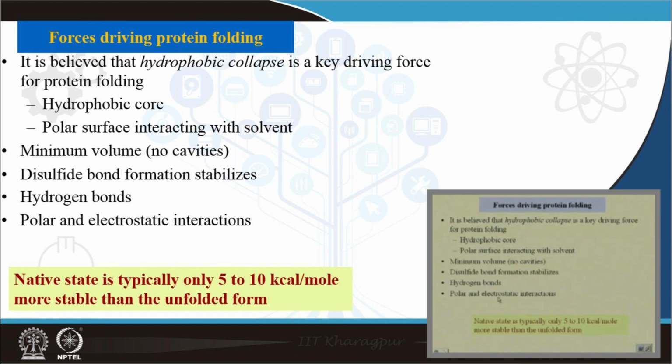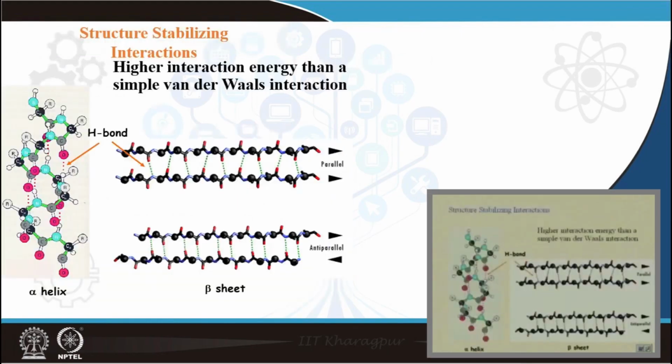Again, we have polar and electrostatic interactions, which we're also going to study and consider how we actually form these ionic interactions or other polar type hydrogen bonding between amino acid residues. Okay? Now, what we have now is we have what is called an unfolded form, that was the polypeptide chain, and we have a native folded form of the polypeptide chain.